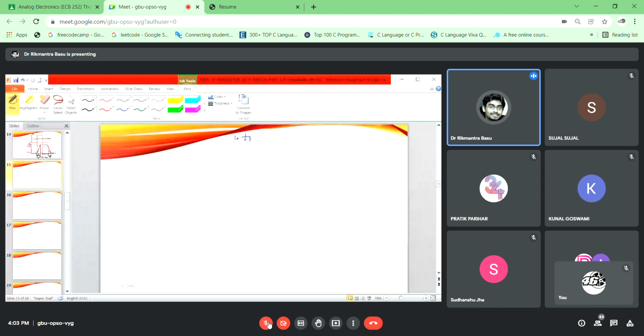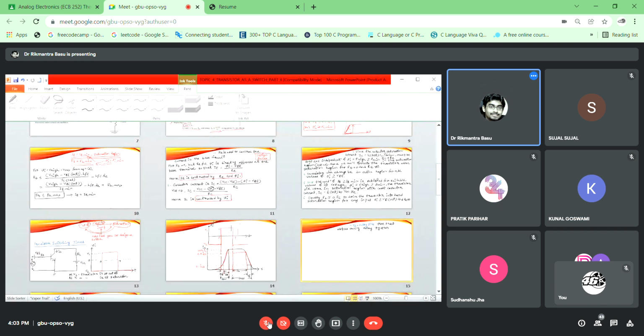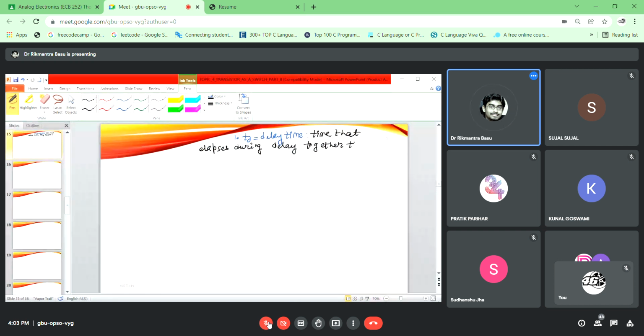TD is the delay time, the time that elapses during delay together, the time required for the current to rise to 10% of its maximum value.